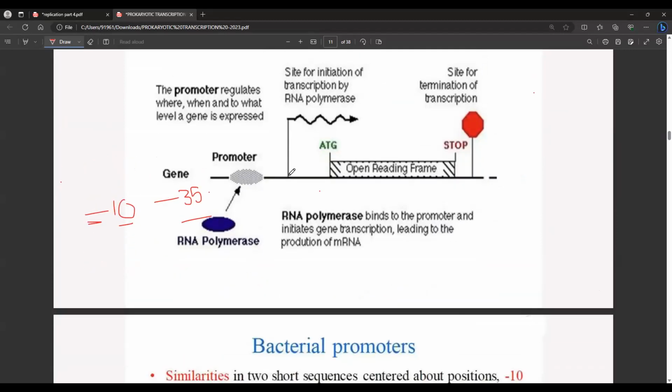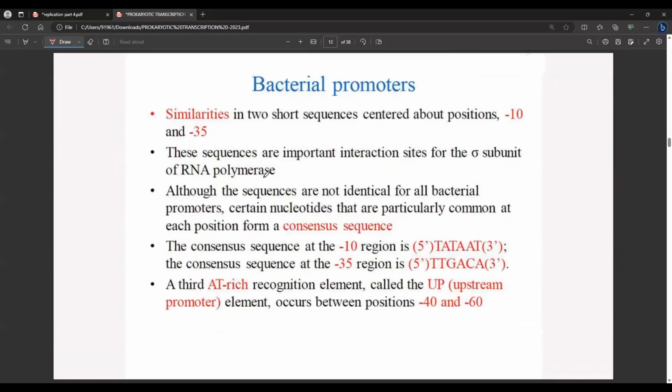Friends, from the INR, if you keep counting the nucleotides, 1, 2, 3, 4, 5, 6, 7, 8, 9, 10, at -10, it is on the left-hand side, right? That's why we call it -10. And again from here, -35. So there will be the presence of the promoters. Their RNA polymerase will come and attach. You got that point? So in case of a bacteria, there are only two promoters present.